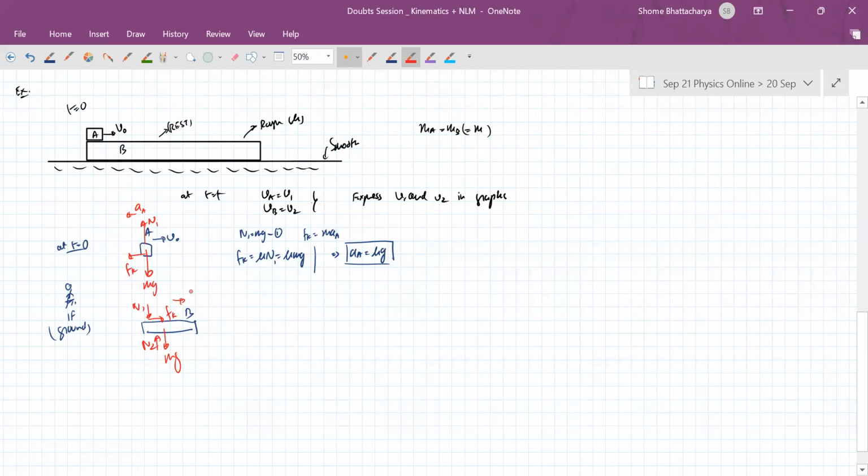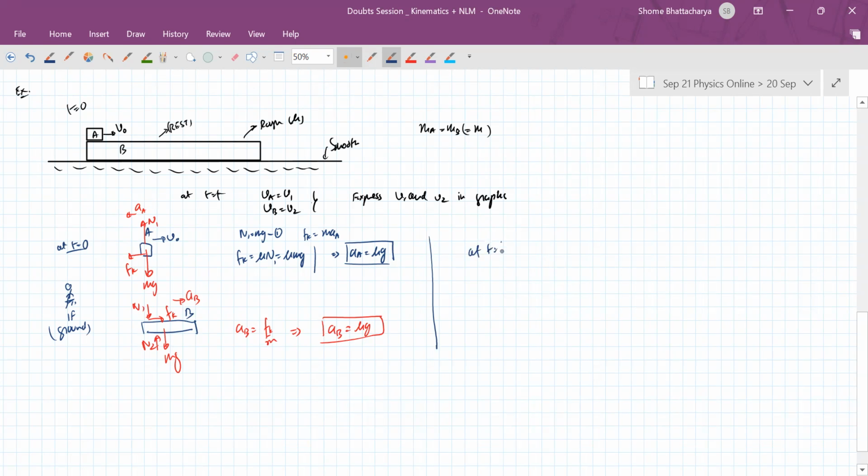So this gives it a forward acceleration. This also has an acceleration mu g but forward. So this continues also for some time.